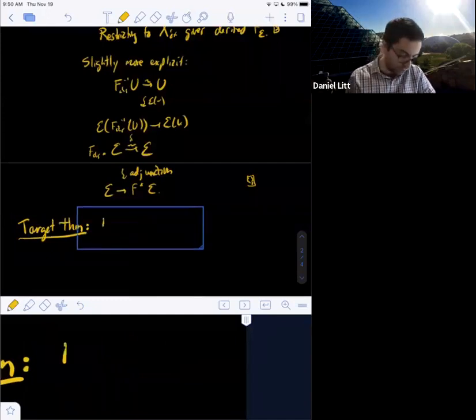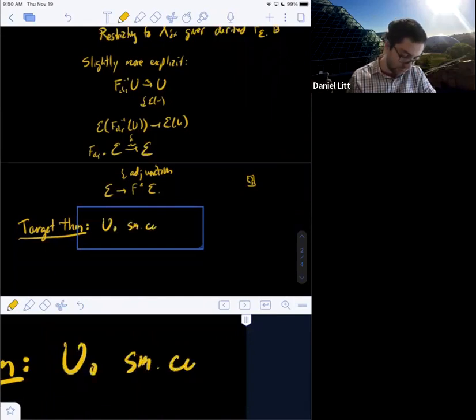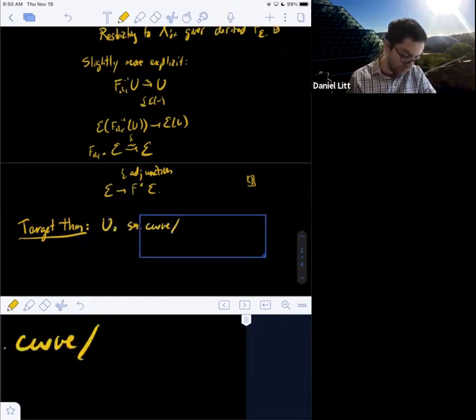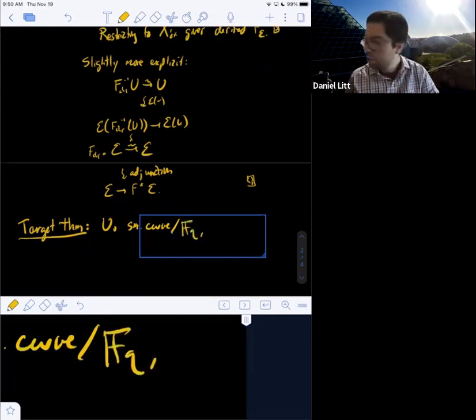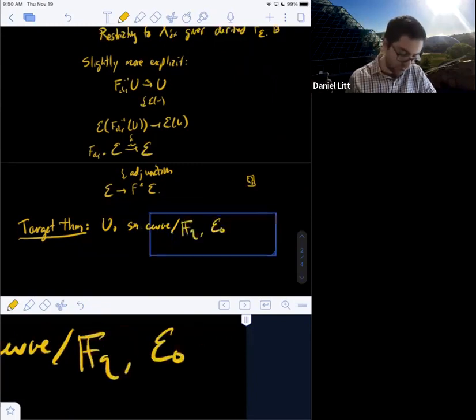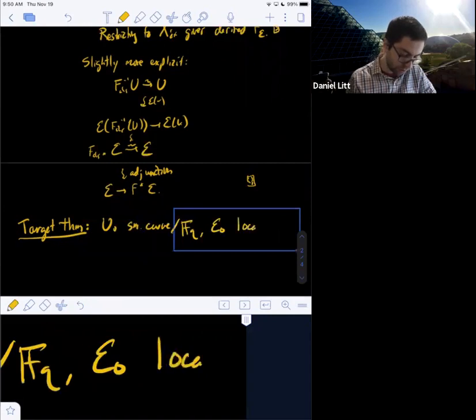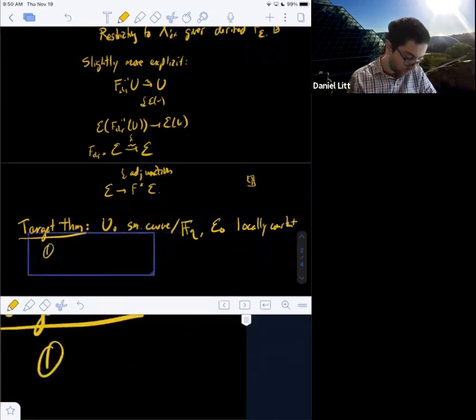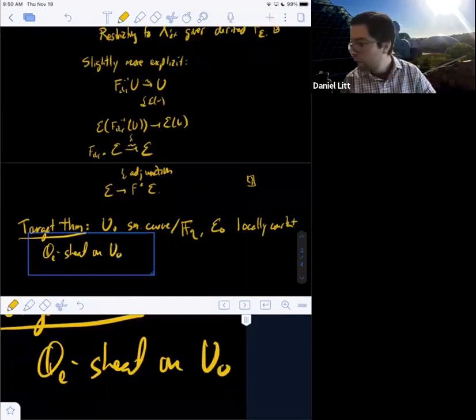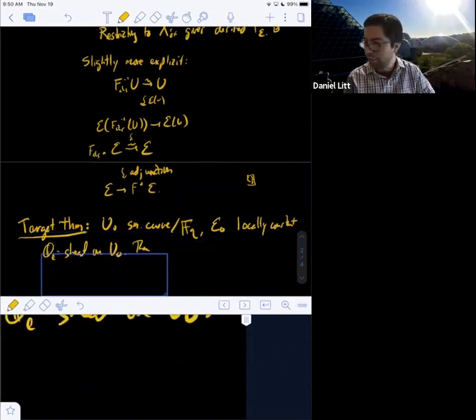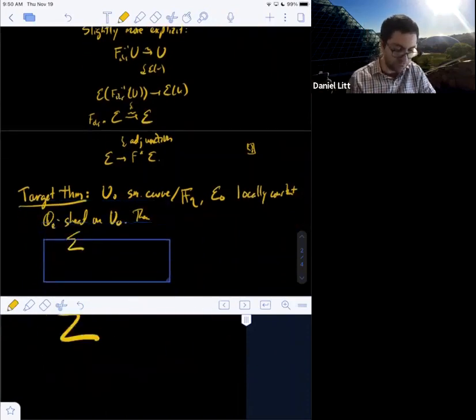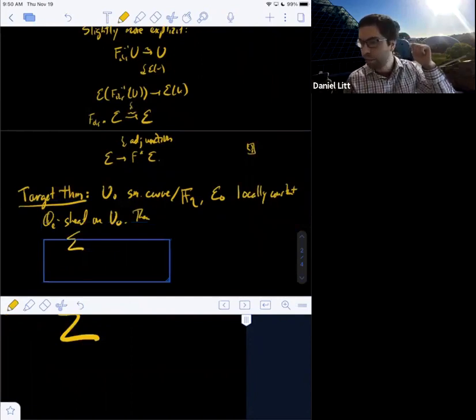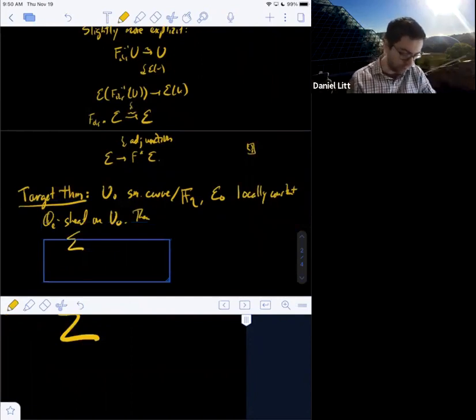If U naught is a smooth curve over F_q, and E naught is a locally constant Q_l sheaf on U naught, then the following statement is true. This is just what I wrote before, except with phi replaced by this relative Frobenius.